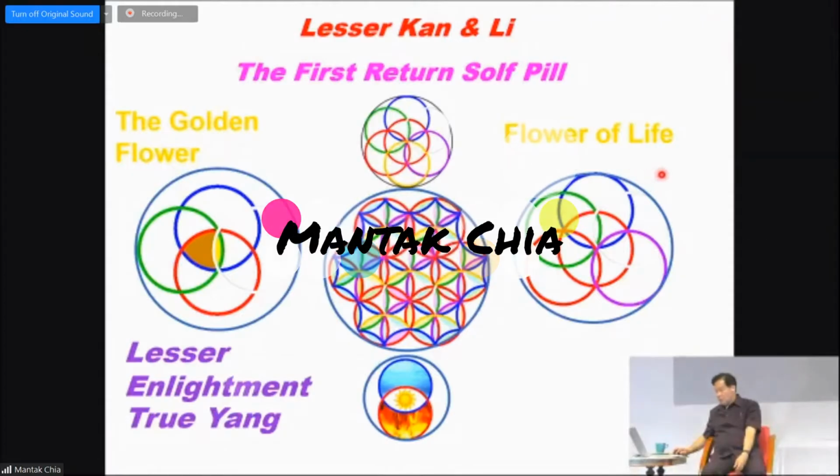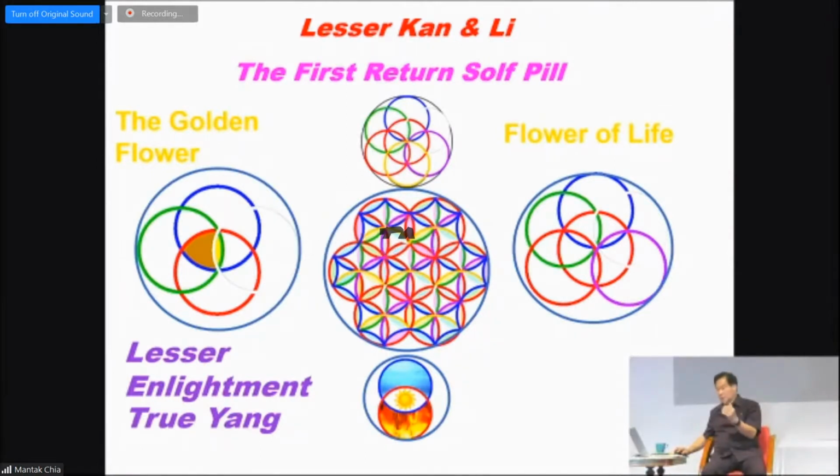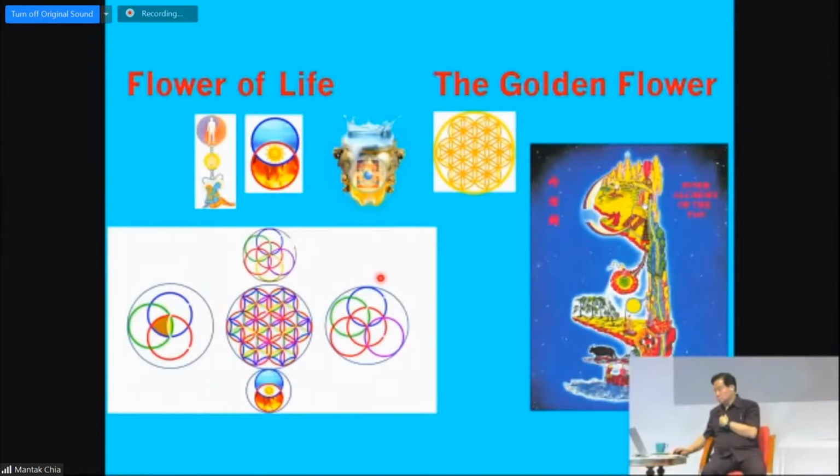The flower of life. So this is what the West knows by the name flower of life. And when the light combined with the true yang, the sexual energy, it becomes the secret of the golden flower.